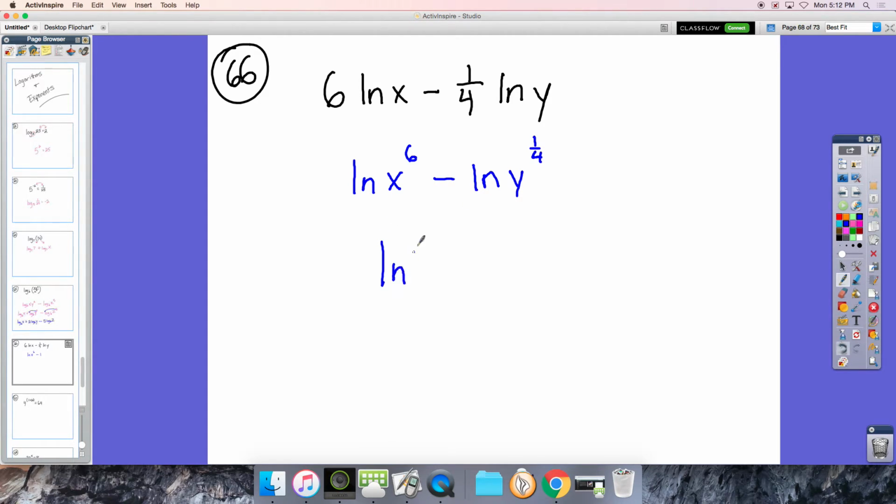So I have this, which when you simplify, this ends up becoming a 4th root. So you have that as your final answer.